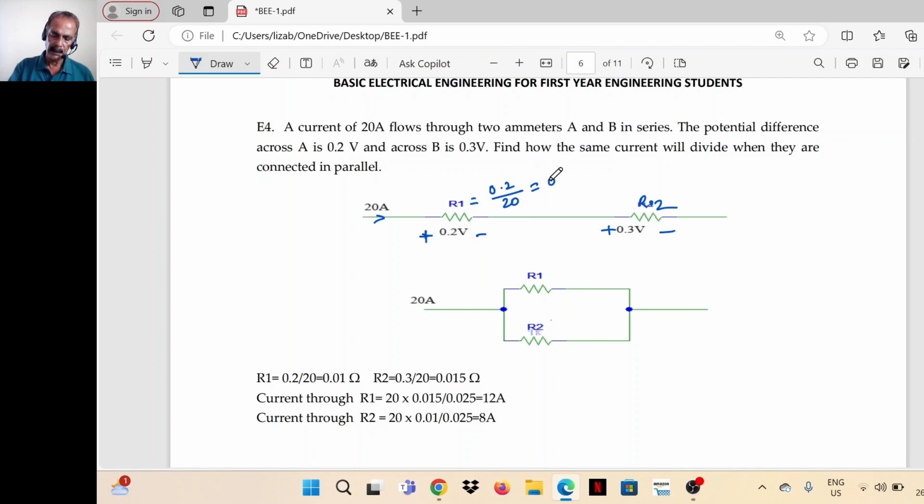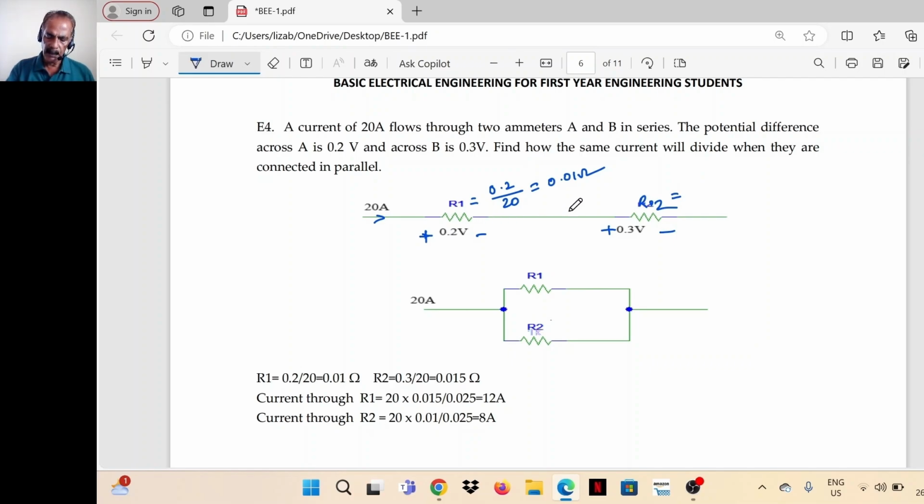That is 0.01 ohm. A current of 20 ampere is flowing through R1, and the potential difference produced is 0.2 volts. So the value of the resistance is V by I, 0.2 divided by 20, 0.01.